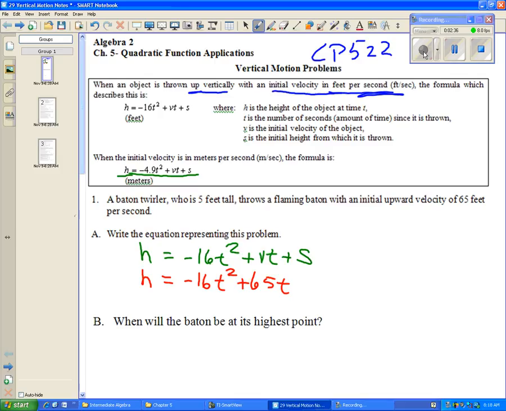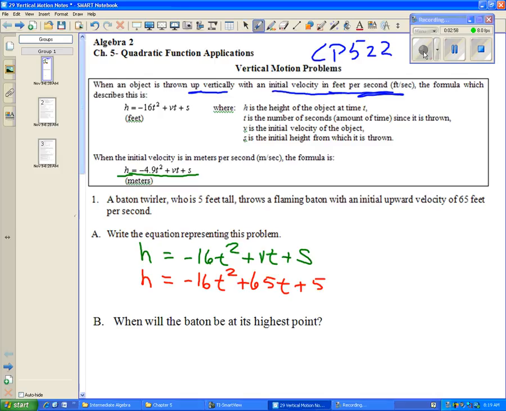And my initial height, the height of the object when it is thrown, is 5 feet, the height of the person throwing the object. That's my equation. H is equal to negative 16t squared plus 65t plus 5.